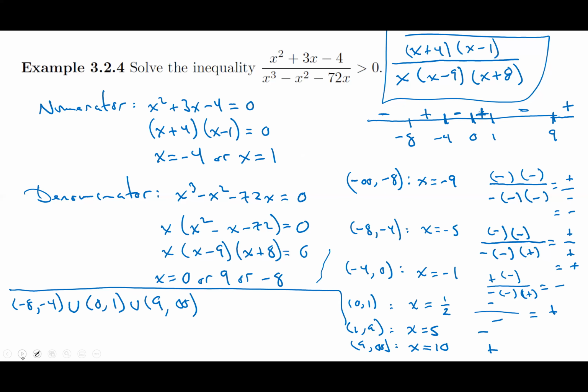All right, so really the summary would be this. Let's say this. 1, find all zeros of numerator and denominator, if there is a denominator, okay?